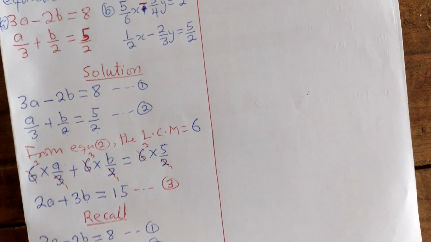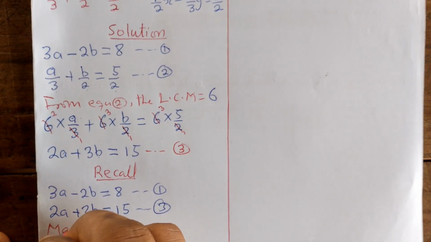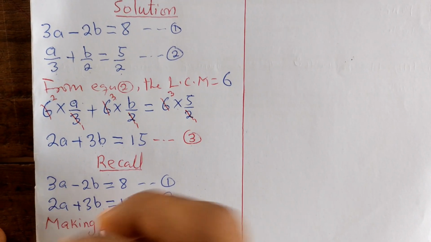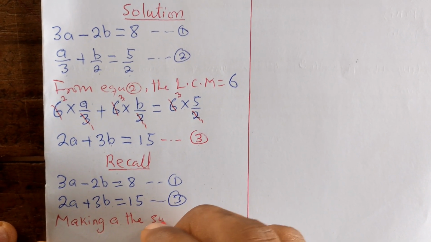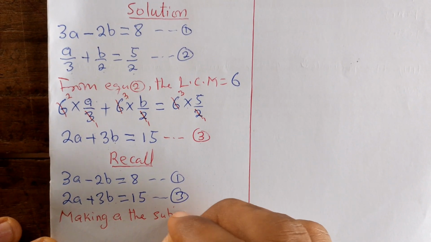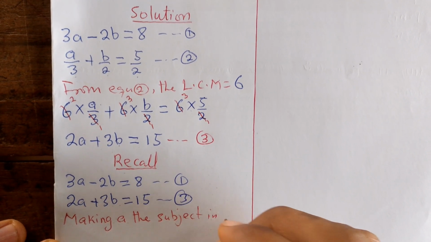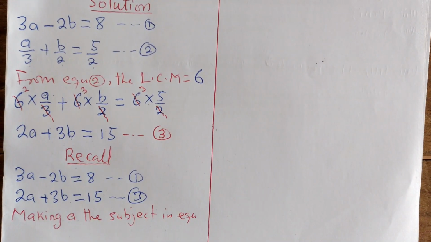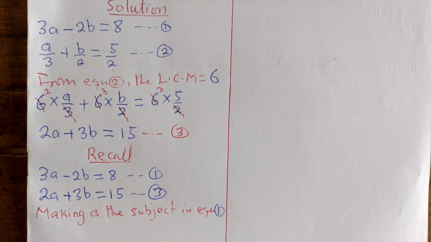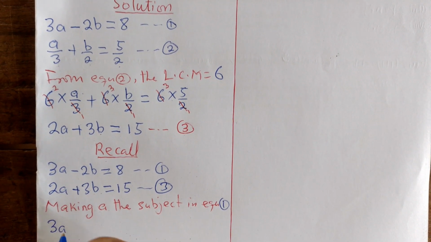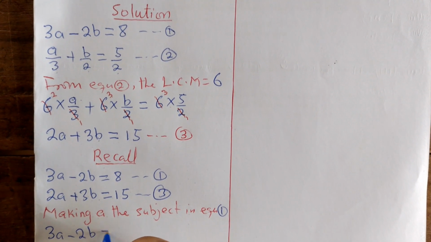So making a the subject in equation 1. Let me rewrite equation 1, which is 3a minus 2b is equal to 8.